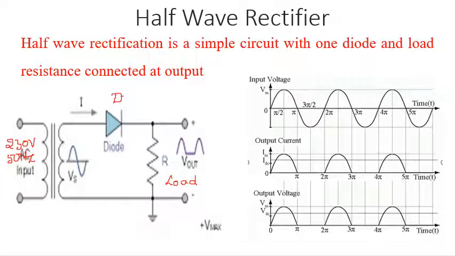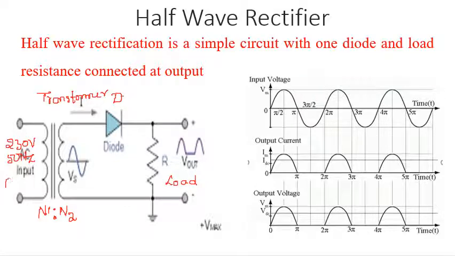Then it is connected to a step down transformer. This is transformer, step down transformer with the winding ratio N1 is to N2. Depending on the value of N1 and N2, it will step down the AC input voltage.